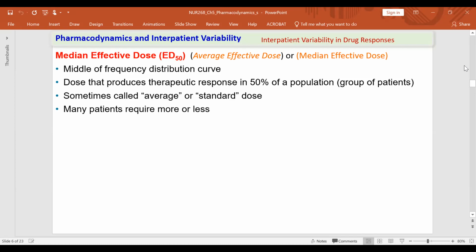So the initial dose of a drug is necessarily an approximation. Subsequent doses must be fine-tuned based on the patient's response. So the ED50 in a patient needs to be increased or decreased after evaluating the patient's response.